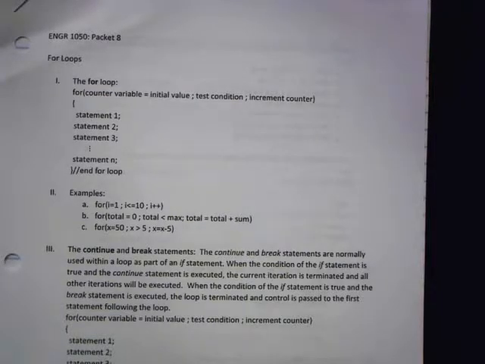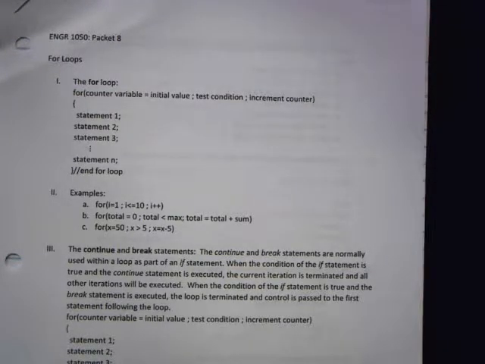All right, so a for loop, traditionally we use a for loop when we know exactly how many times we want something to run. So if we want something to run exactly 500 times, you would usually use a for loop. Could you use a while loop? Correct. You could use a while loop.